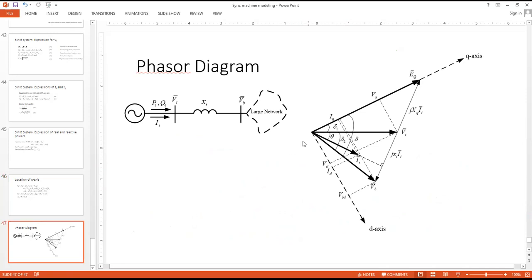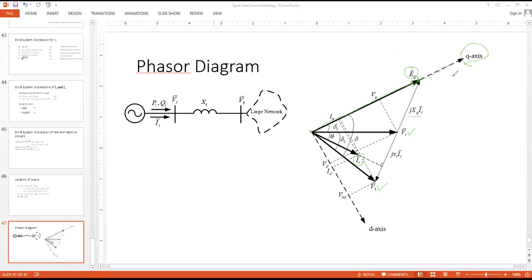We calculated which phasors earlier? VT was done, VB was done, IT was done. Now VT plus JXQ IT will take me to some point which lies along the q-axis. And the phasor that I get from the origin is the E capital Q phasor. This direction is the direction of the q-axis starting from the origin.